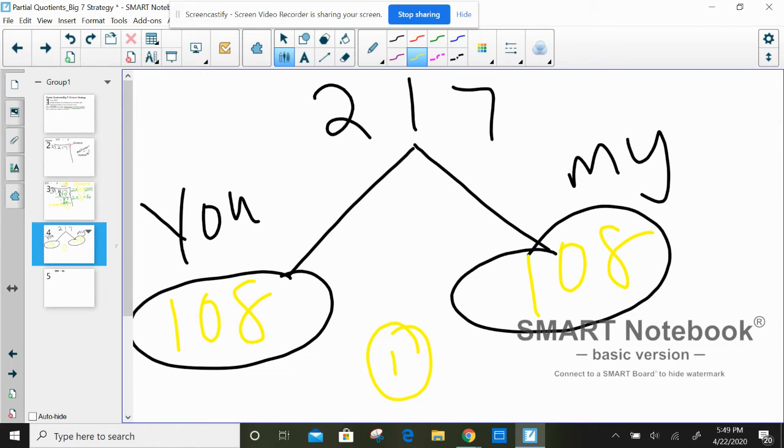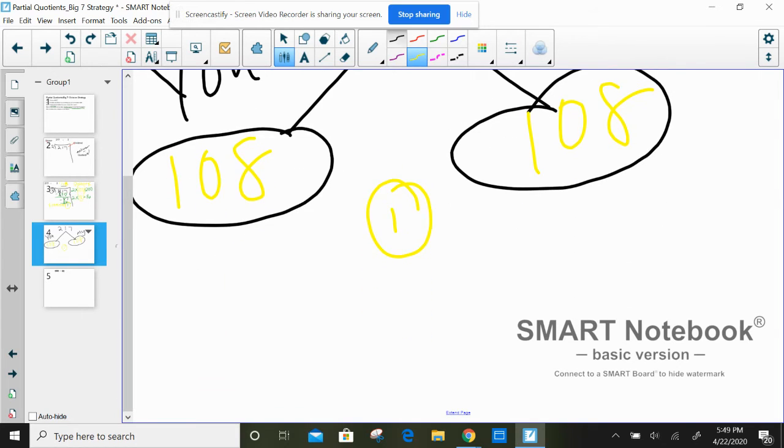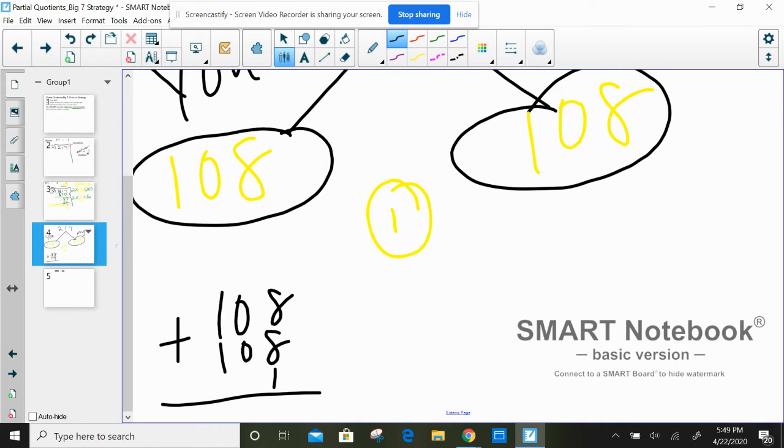And we can double check this by going 108 plus 108 plus 1. Okay, so 8, 9, 10, 11, 12, 13, 14, 15, 16, 17. 1, 2, 17.